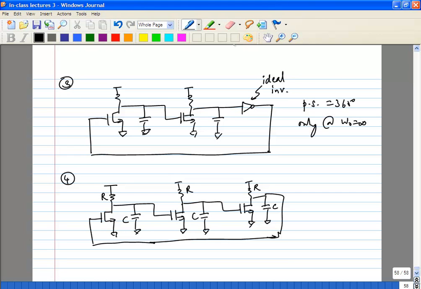How about this guy? Will it oscillate? It could oscillate, definitely.